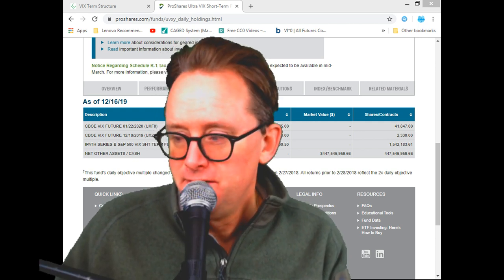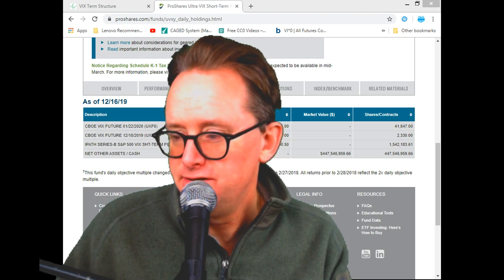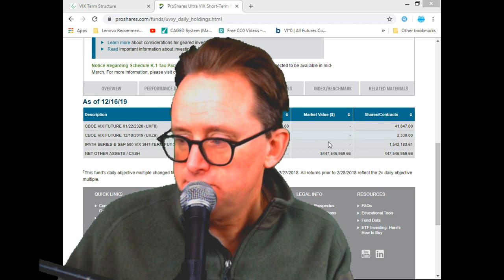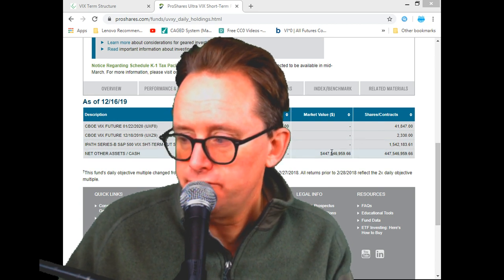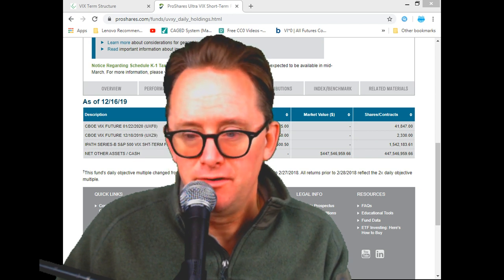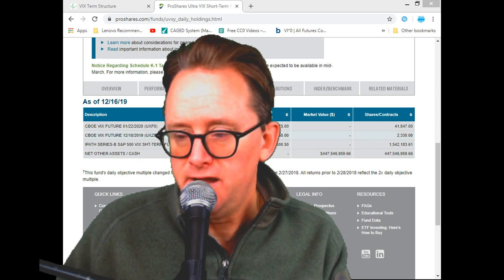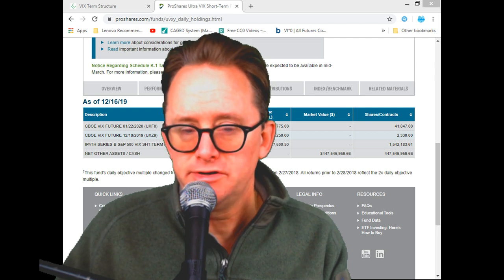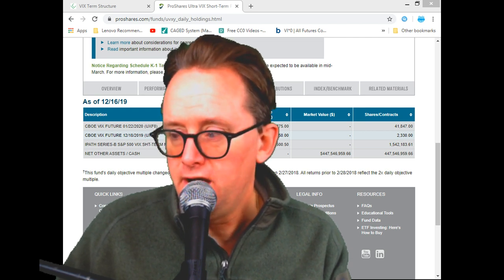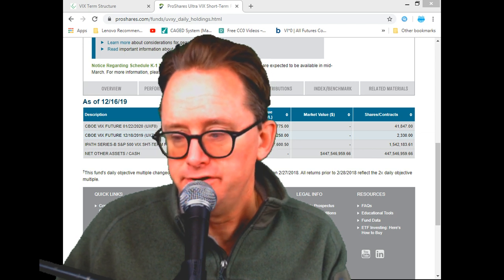There wouldn't be people putting money in this fund because it certainly is not an investment. But obviously these big numbers, 620 million, 447 million, means that there are a lot of people out there that did buy these things. So put your fears to rest that there's nobody out there to buy VXX or UVXY. There certainly are people out there buying it every day.